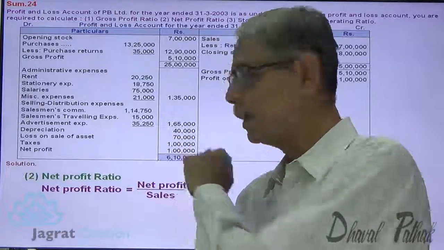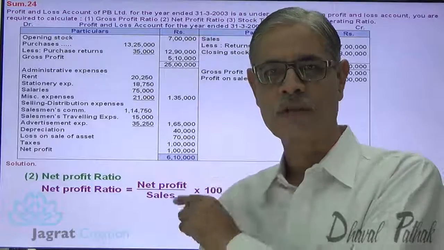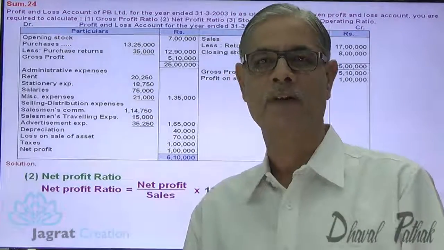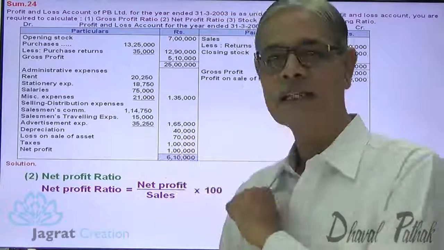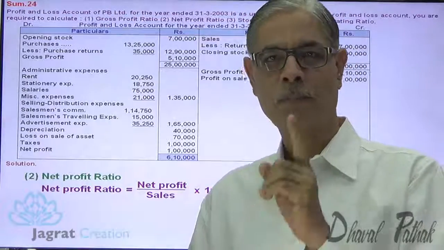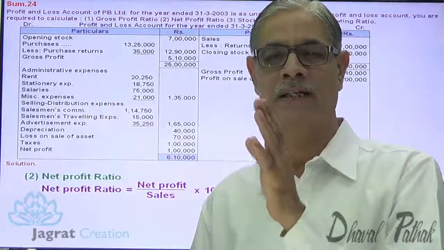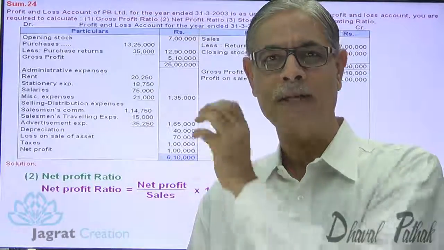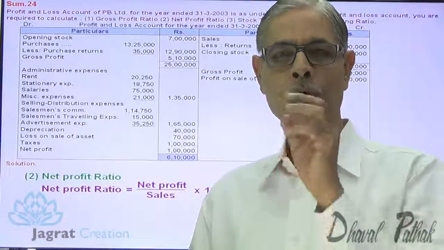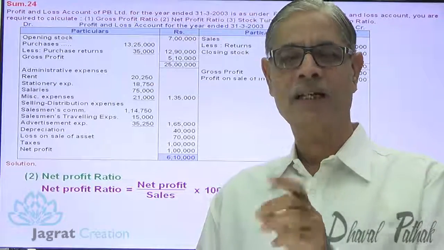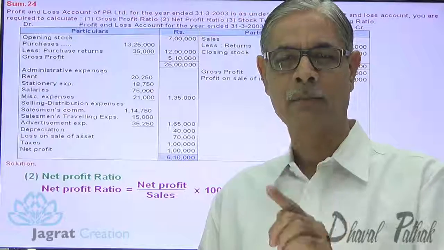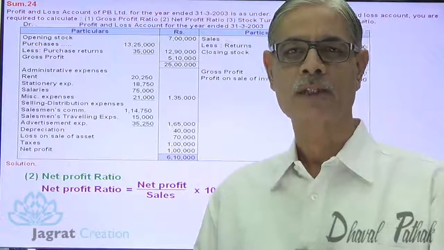So this profit cannot be taken straight away. To calculate the net profit ratio, you should observe profit and loss account. Do you find any non-operating expenses or losses that have been debited? You should also observe, do you find any non-operating income credited to profit and loss account?